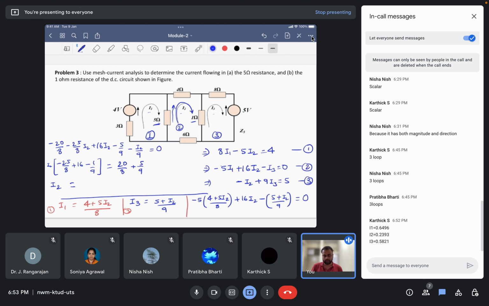Okay, we have got some answers. So I'll just verify this. So (20 by 8 plus 5 by 9) divided by (minus 25 by 8 plus 16 minus 1 by 9).